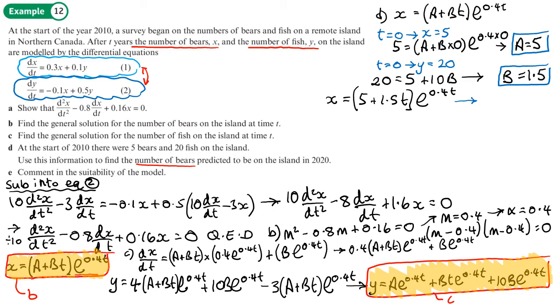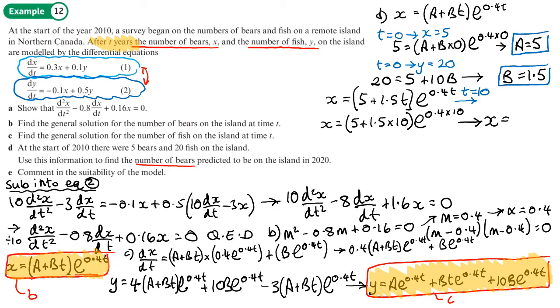So that's going to be when t is 10, because t is the number of years. So we just substitute t as 10. Not sure why I've written t as 0, because I'm probably so used to writing that. So the number of bears will equal 5 plus 1.5 times 10, times e to the 0.4 times 10. And what does that give me for x?